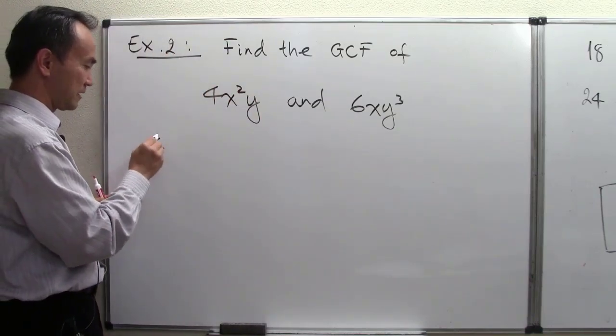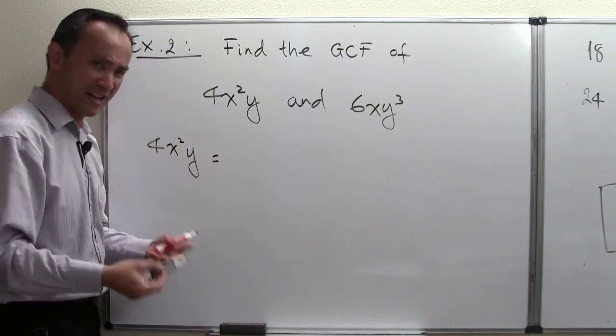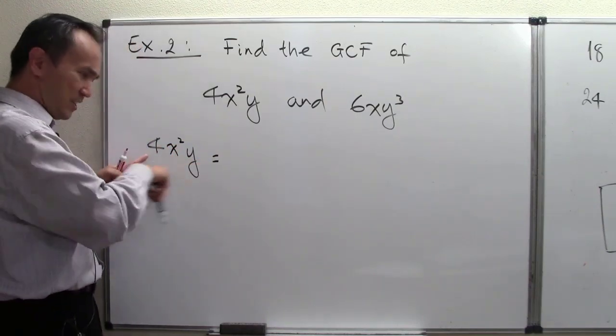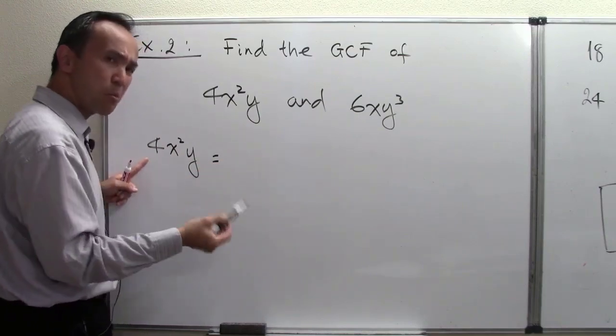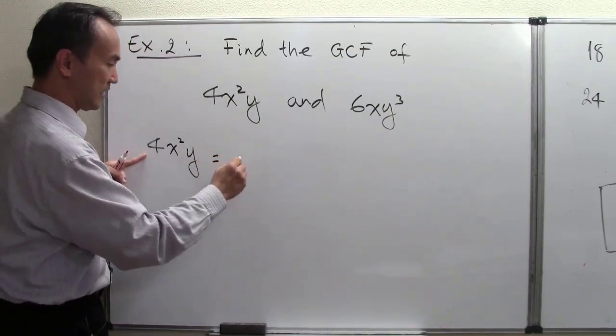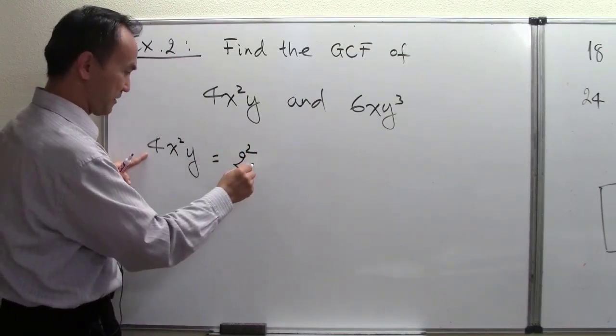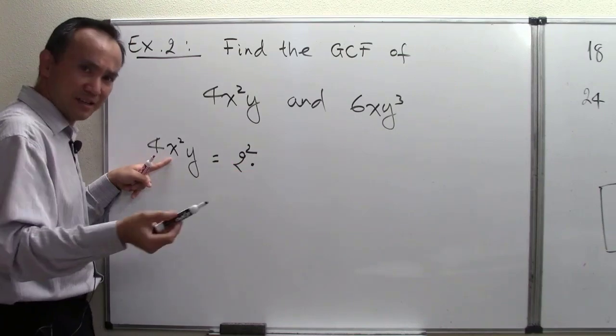So for this expression, 4x squared y, in terms of prime factorization, the 4 as a prime factor is 2 squared, times x squared.